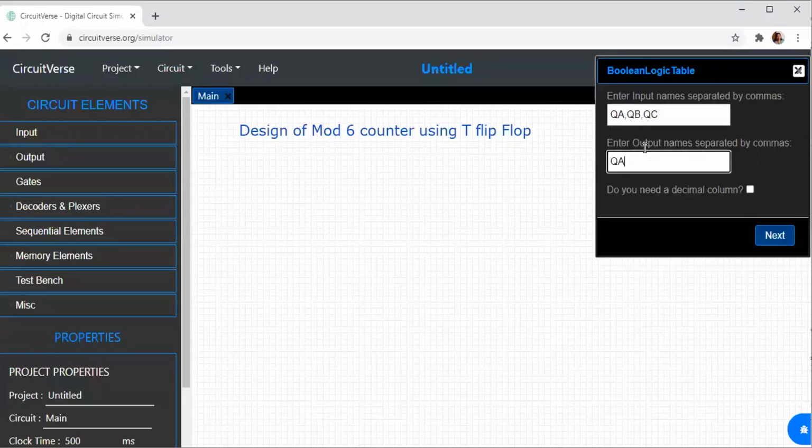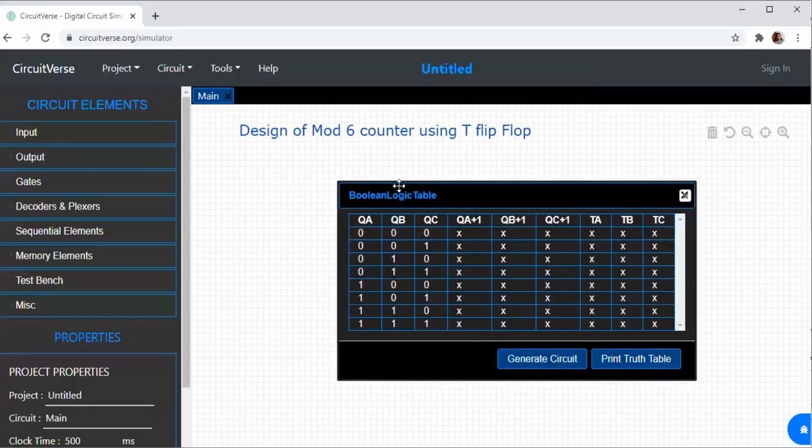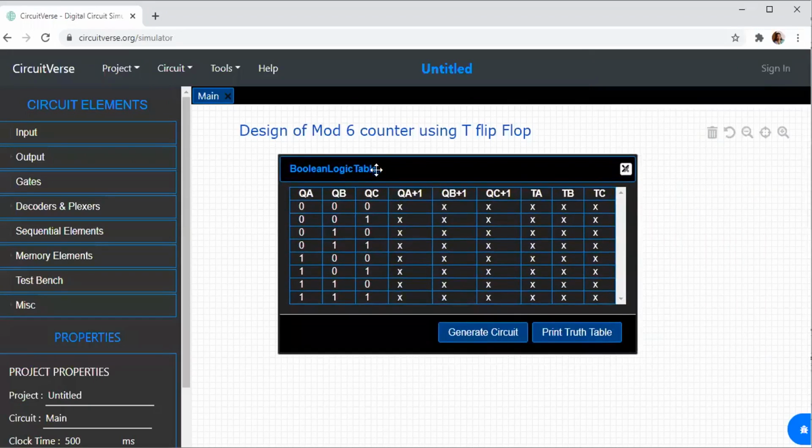Then at the output, I'll have QA plus 1, QB plus 1, QC plus 1, and the other columns are TA, TB, TC. This is the truth table for mod 6 using T flip-flop.